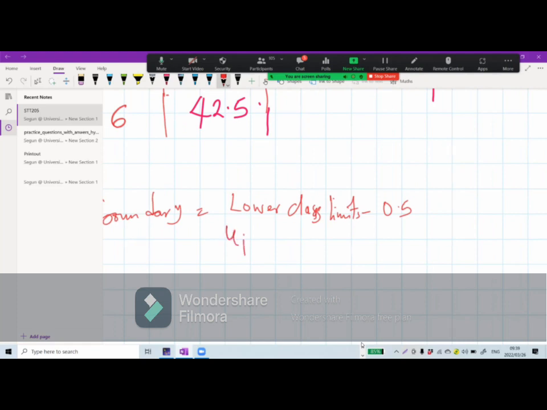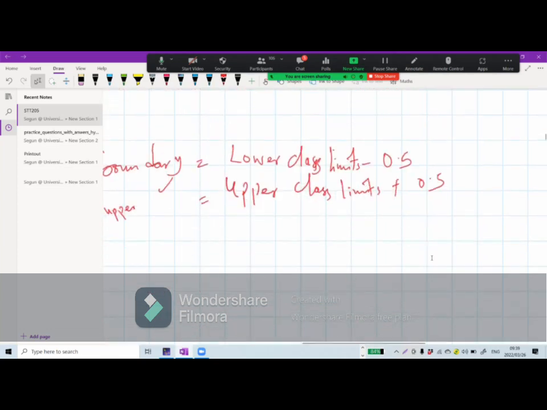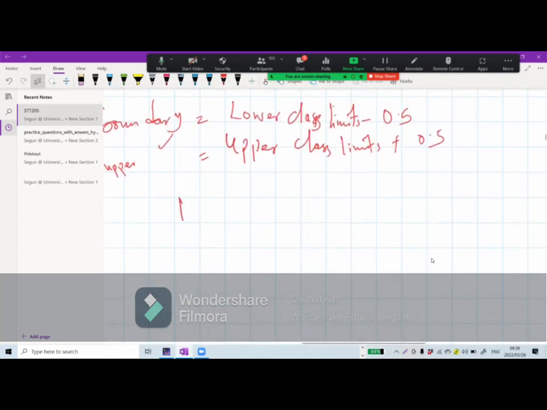While the upper class boundary equals upper class limit plus 0.5. So can we do that now? The first class limit is 1 to 12. The lower will be 1 minus 0.5, which gives us 0.5.